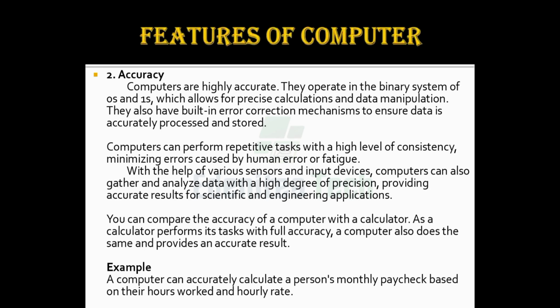Computers can perform repetitive tasks with a high level of consistency, minimizing errors caused by human error or fatigue. With the help of various sensors and input devices, computers can also gather and analyze data with a high degree of precision, providing accurate results for scientific and engineering applications.